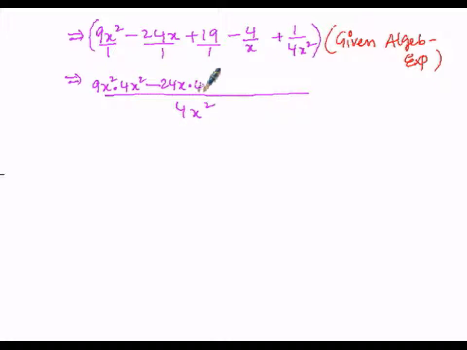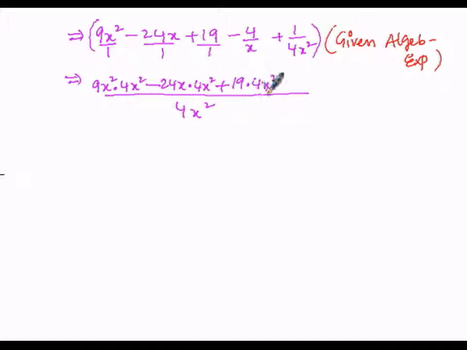So 1 into 4x square is 4x square as the LCM, plus 19 written as it is, multiplied with one number of times here, 1 is the denominator of the third term and 4x square is the LCM, one number of times is 4x square.